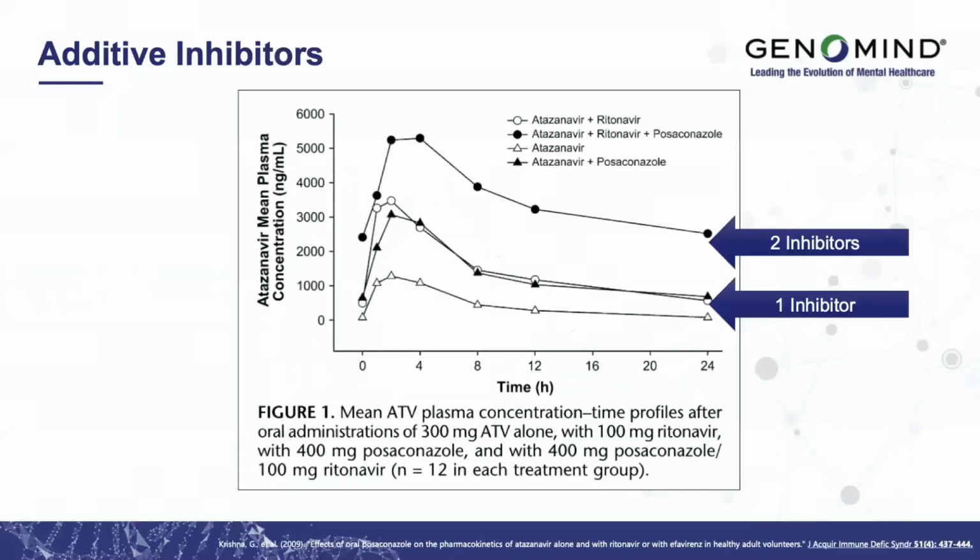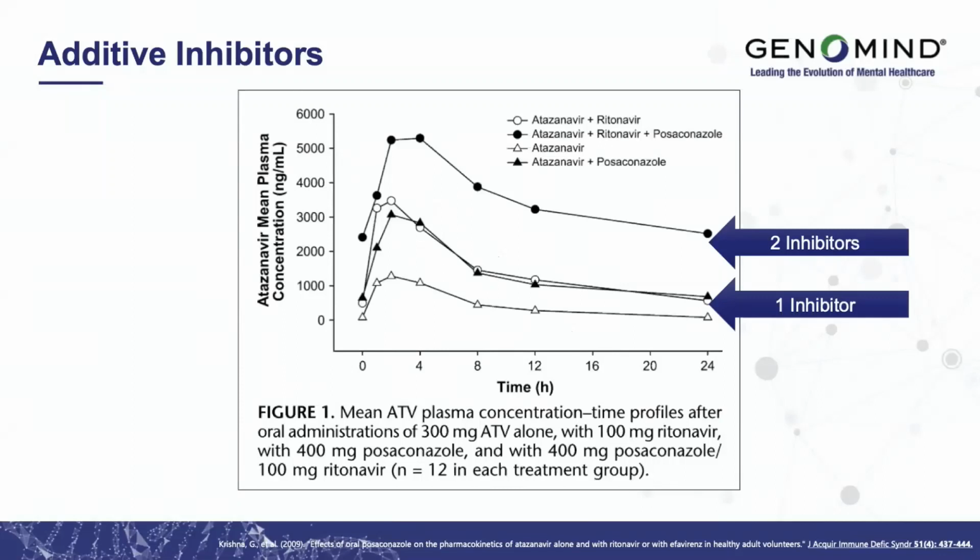Okay, let's complicate things a little further. What if you gave somebody 2 inhibitors? Well, intuitively, you expect a stepped increase in AUC, and that's generally what you see. So here we have some HIV medications and a medication used for fungal infections.